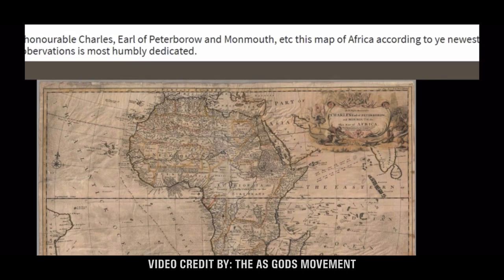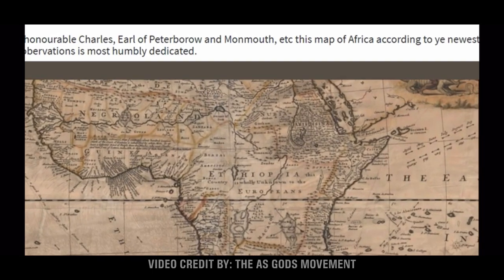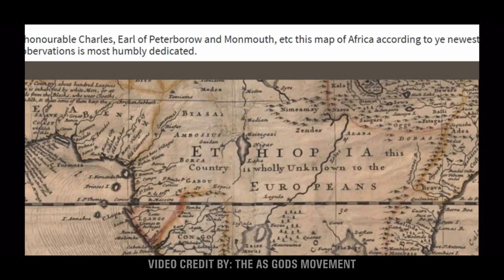You see, this map is made out to the Honorable Charles Earl of Peterborough and Monmouth, etc. This map of Africa, according to the newest and most exact observations, is most humbly dedicated. So let's see. You see this right here?